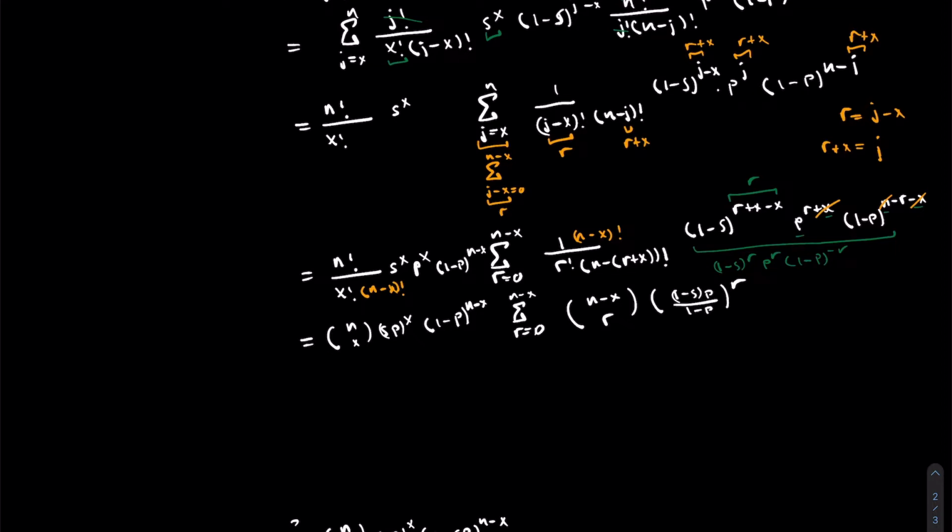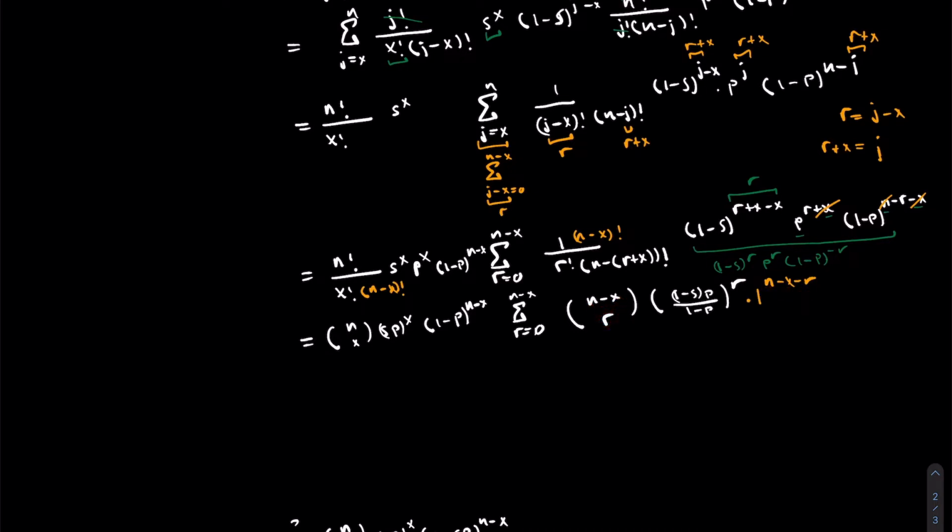Now there's another thing we can do. Imagine that we have a 1 to the power, so we have a 1 obviously there, and we can utilize the binomial theorem. I can do an n minus x minus r. Sorry, I meant x. Why? Well, because n minus x we have here, and we have minus r, which is the choose.